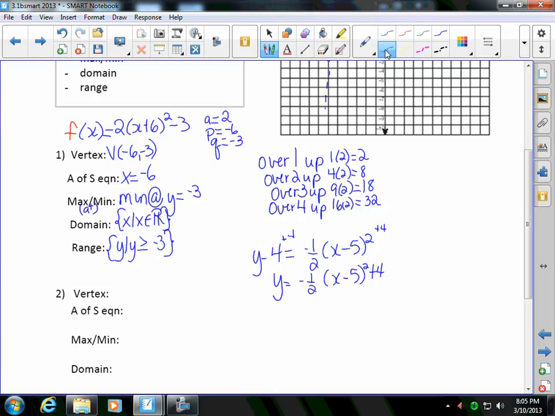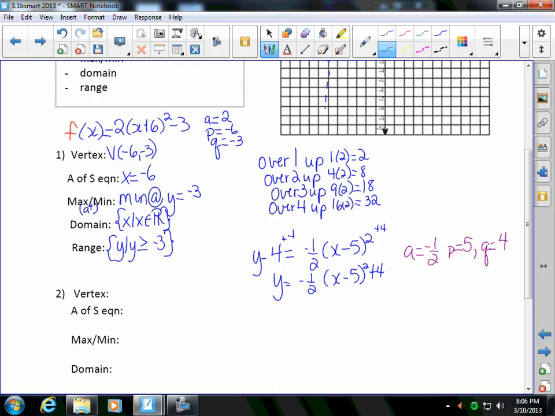So for this one, again, once you've manipulated your equation into vertex graphing form, you identify a, p, and q. So for this one, a is equal to -1/2. p is equal to +5 because it was negative in there. And q is equal to 4.